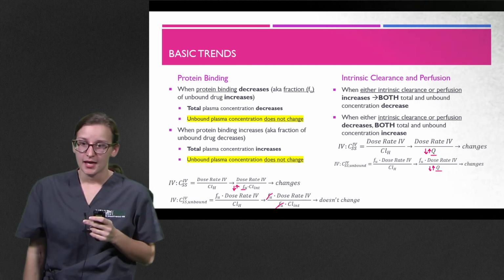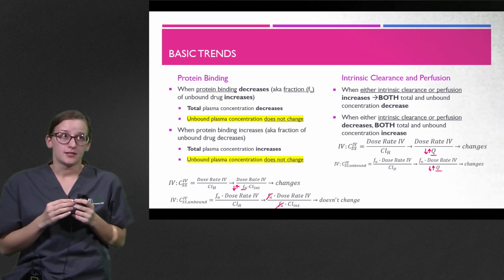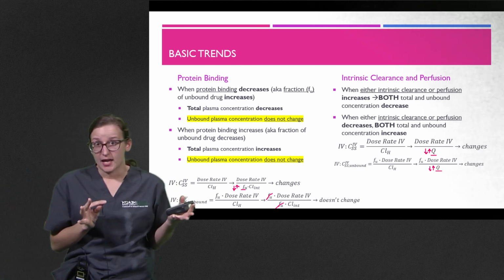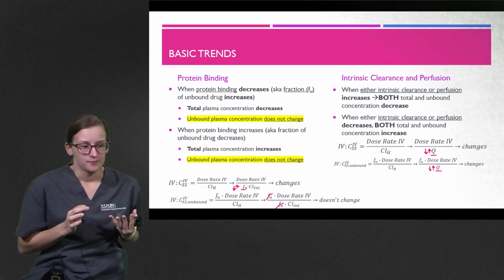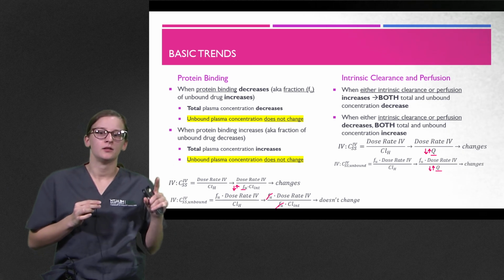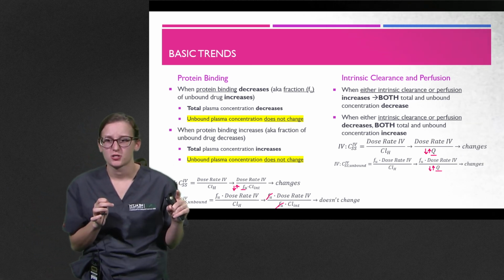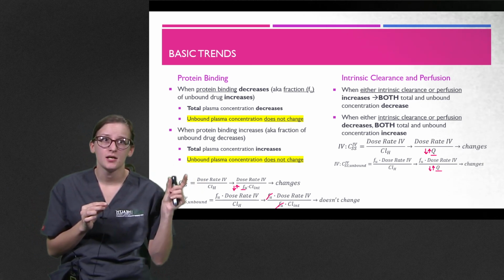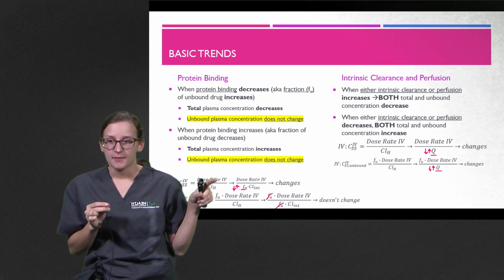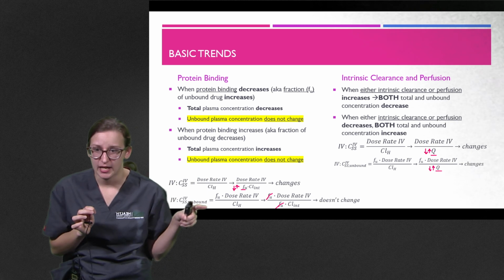So if the protein binding of a drug decreases, that means that the drug is released from albumin, I keep using albumin because that's a classic example, and the total plasma concentration will decrease because now that free drug is free to be eliminated, but the unbound does not change.